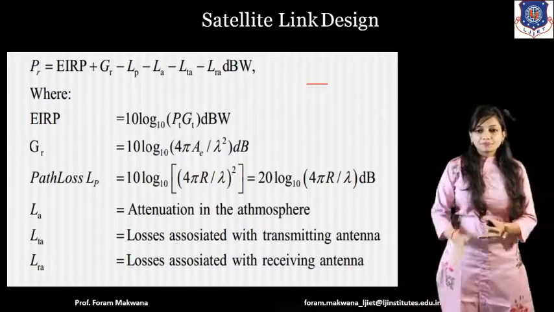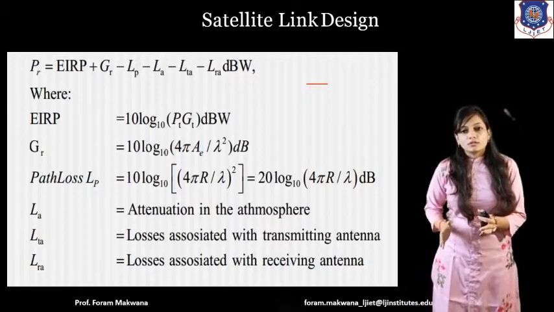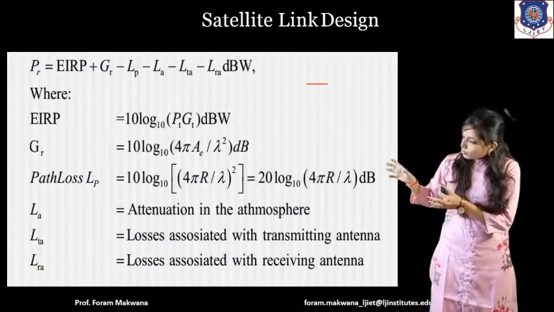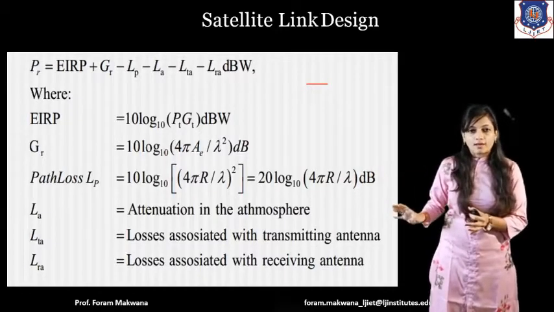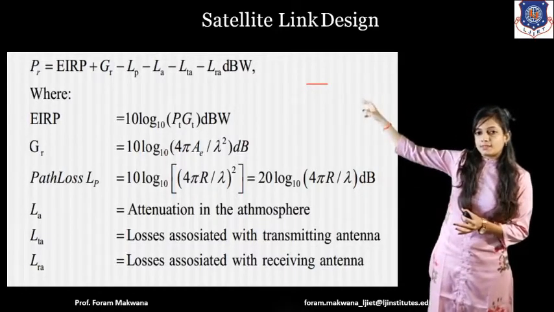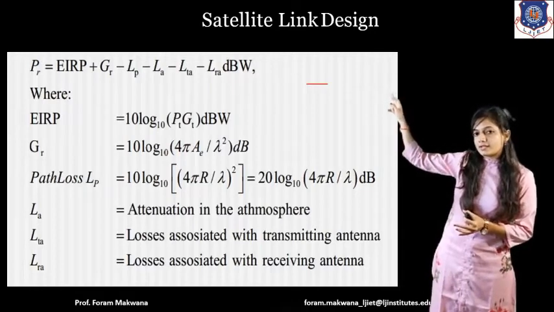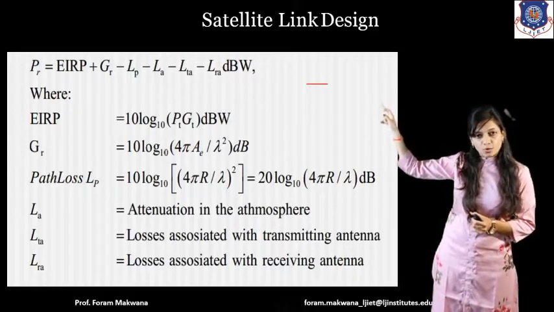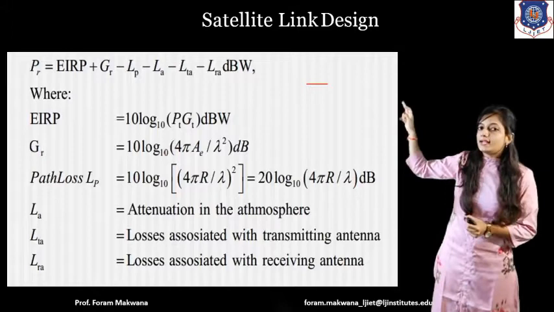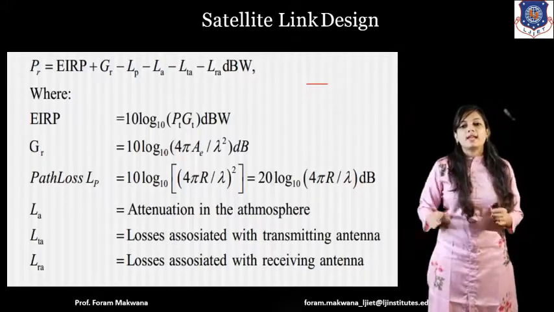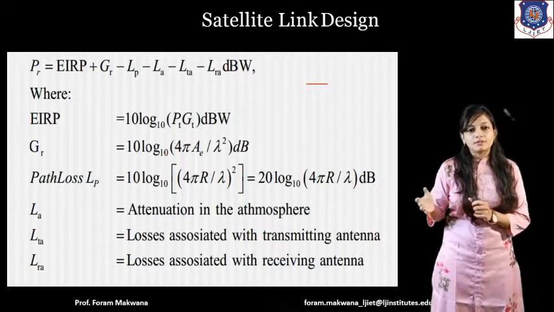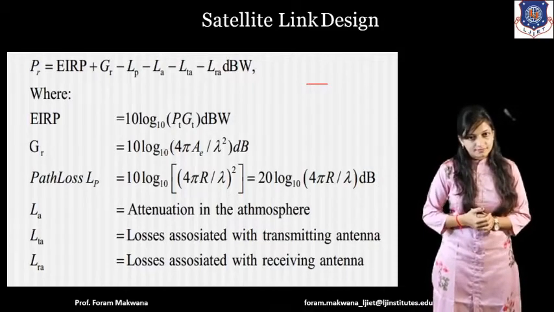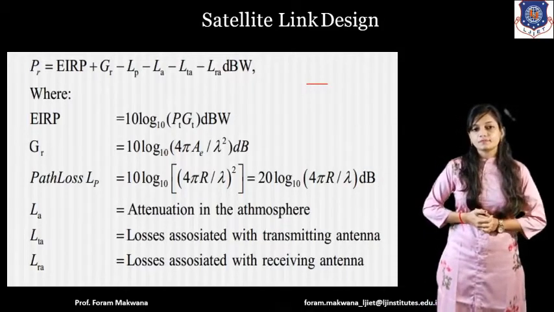Why? Because from the loss, we know that that much amount of power is going to drop over there, right? So LP, that is path loss. LA stands for atmospheric absorption, and LTA and LRA represent the antenna misalignment for the transmitting and the receiving antenna, right?